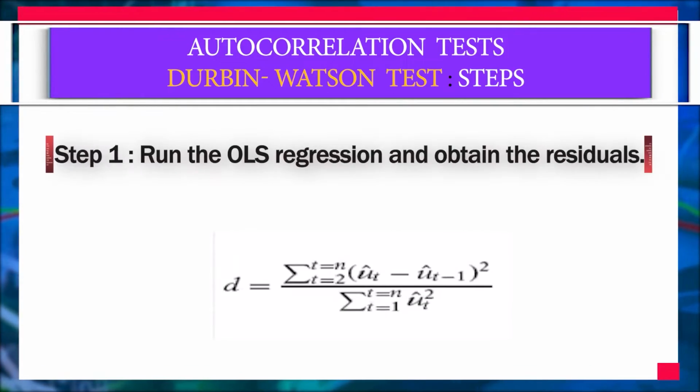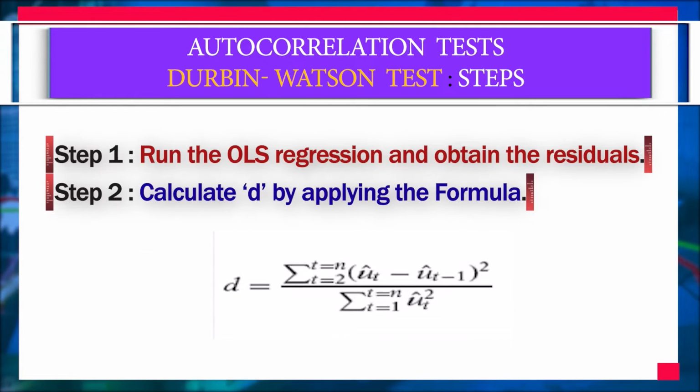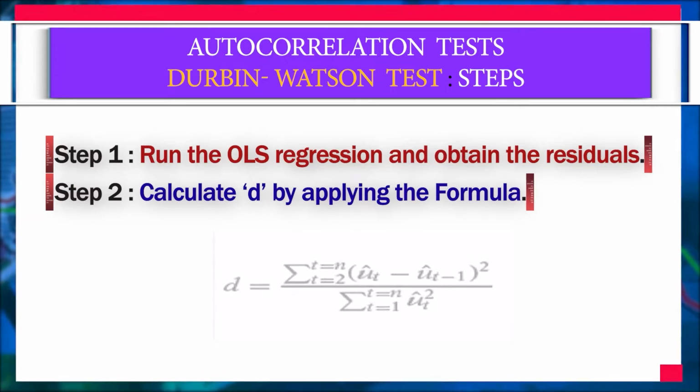Step 1, we have to run the OLS to find the series of residuals. Knowing the presence of the problem, in spite of that, ordinary least squares regression is to be run and we get the residual series. From the residual series, in step 2, we calculate the D statistic applying the formula as mentioned.